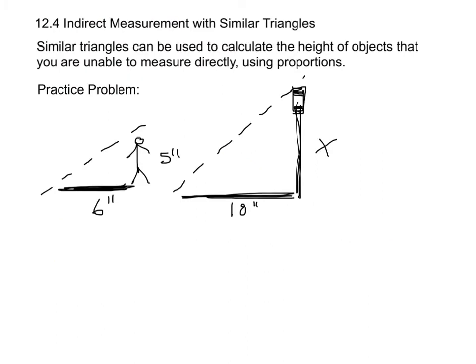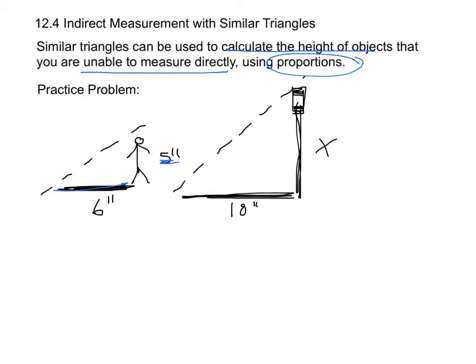So you can use similar triangles to calculate the height of objects that you are unable to measure directly using proportions. So this is a really useful thing. For example, we have the height of a man who's 5 feet tall, and his shadow is 6 feet long. That we can measure.